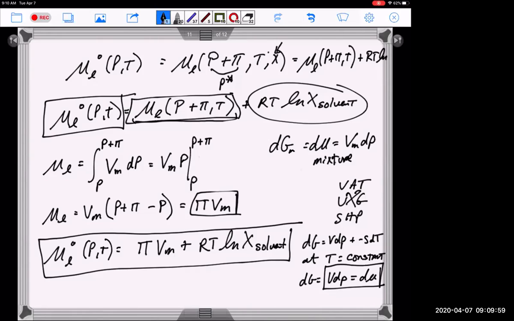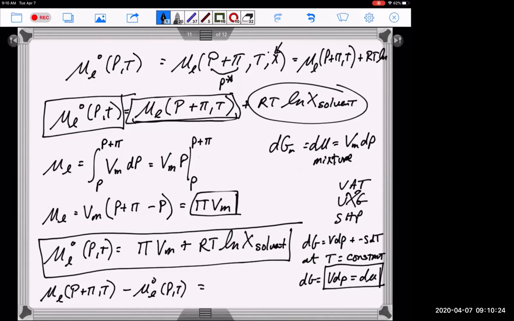So we have mu liquid of P minus mu liquid. We'll subtract these two terms.